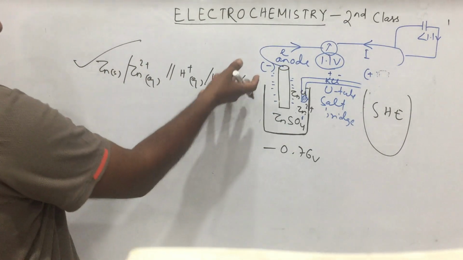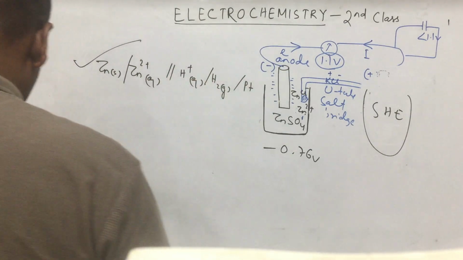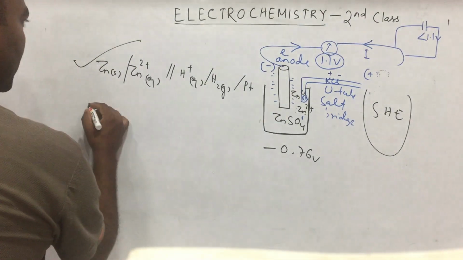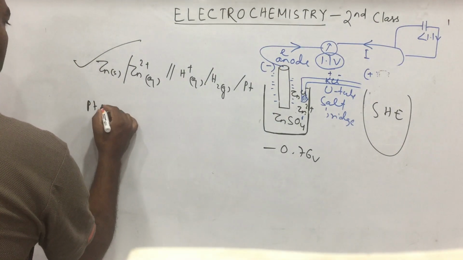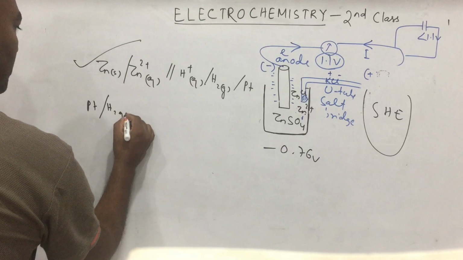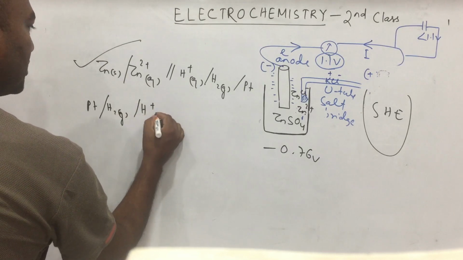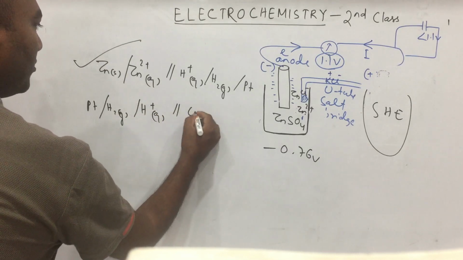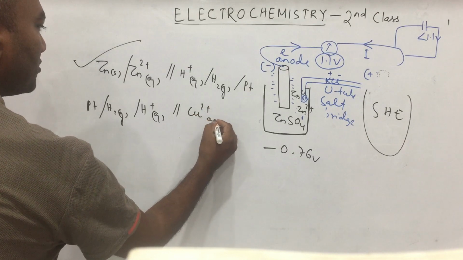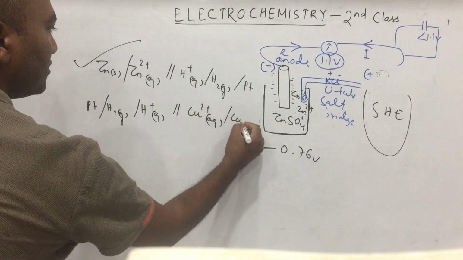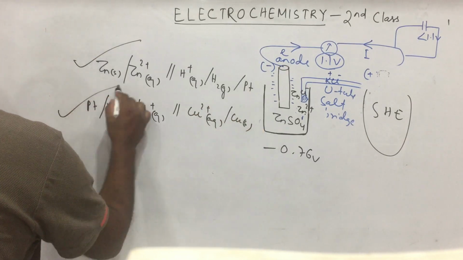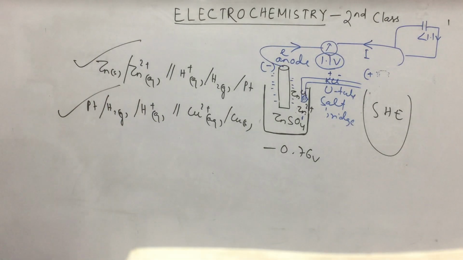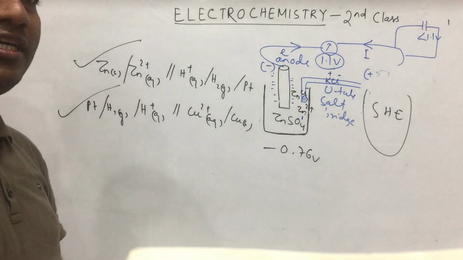Similarly, when hydrogen is used as anode, the representation format is like this: platinum slash H2 gas slash H plus aqueous double slash Cu2 plus aqueous slash Cu solid. So like this, these are the representations using hydrogen electrode.